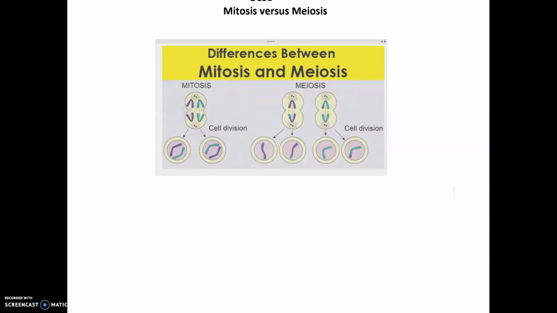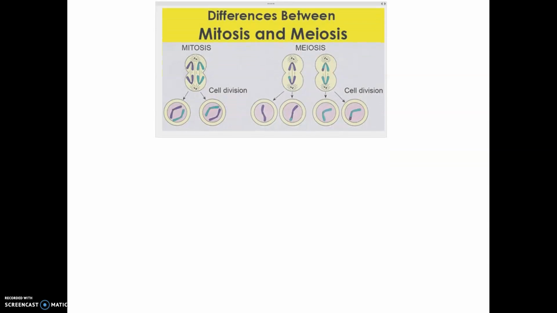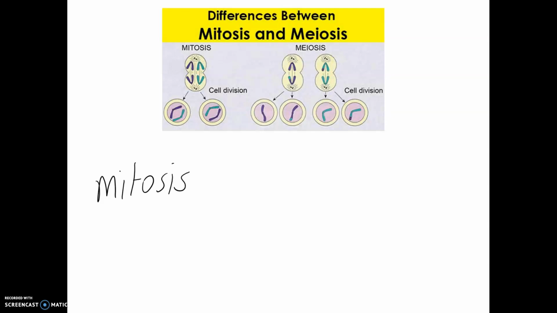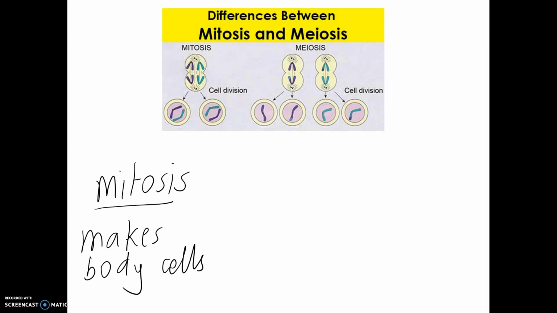So for a start, let's look at the differences between mitosis and meiosis. Mitosis, the way I remember, will be head to toe. That means it makes or repairs body cells from head to toe.